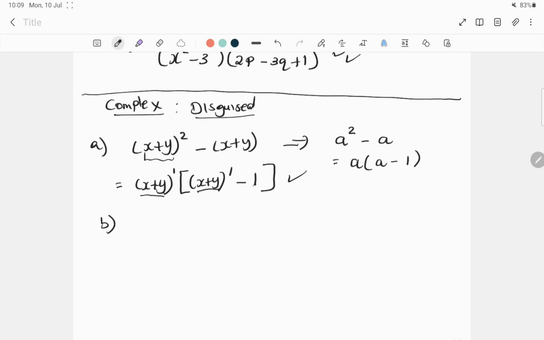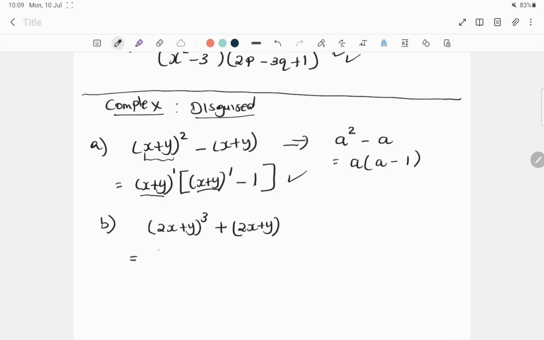Then they can also give you, let's say, an expression where they did not give you a bracket, but you can see what's happening. You have 2x plus y, it means it must be in brackets.